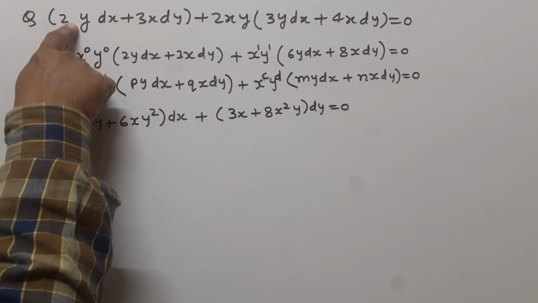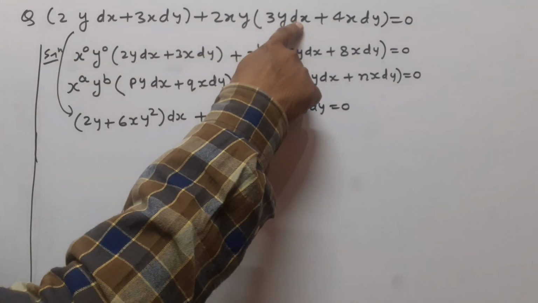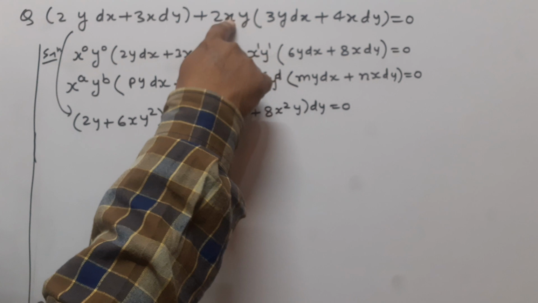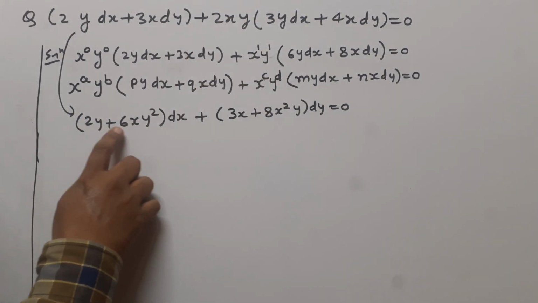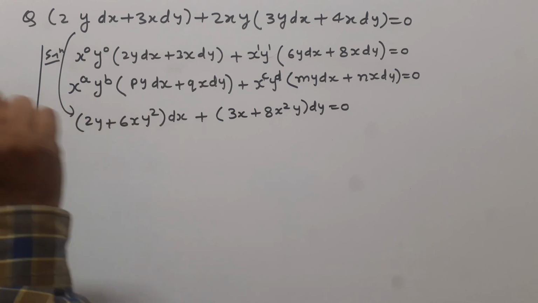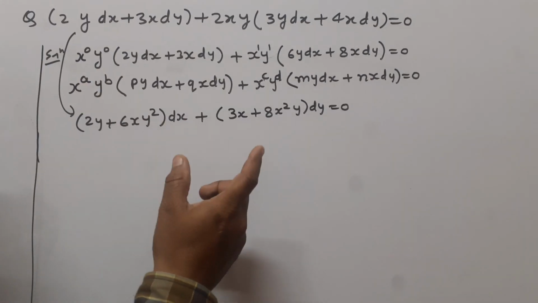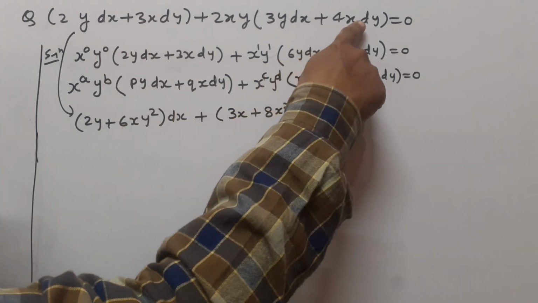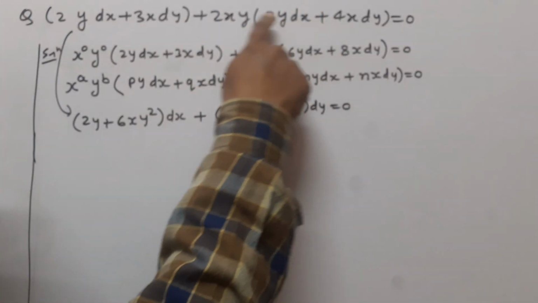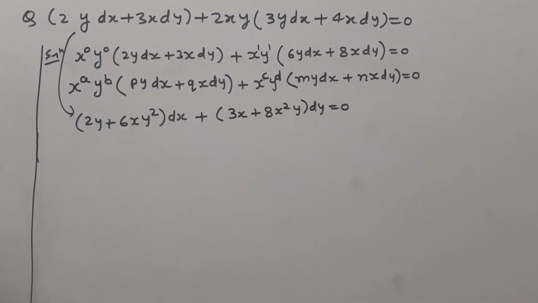Here the coefficient of dx is 2y, and here the coefficient of dx is 6xy^2. So we take the first bracket (2y + 6xy^2) dx. In the second bracket we take the coefficient of dy, that is 3x here, and here the coefficient of dy is 8x^2 y.